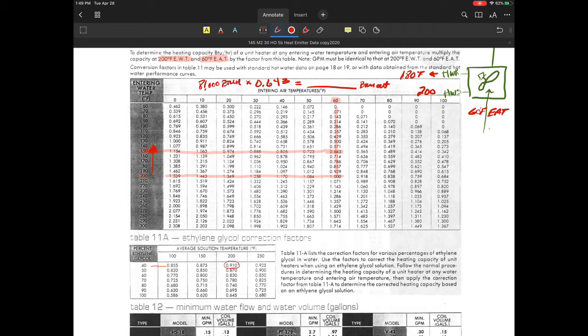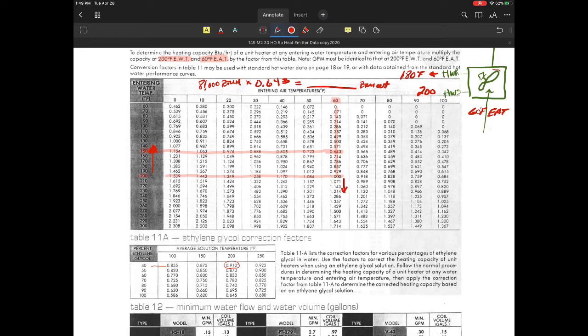So just to recap a couple of things here. If we look at the heat emitter output and what would happen if I increase my supply water temp, I think all of us could see that if I increase the supply water temp, I get an increase in output.